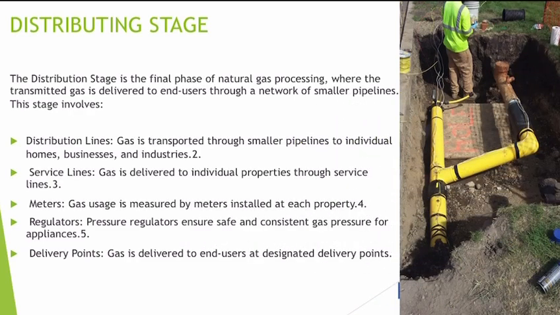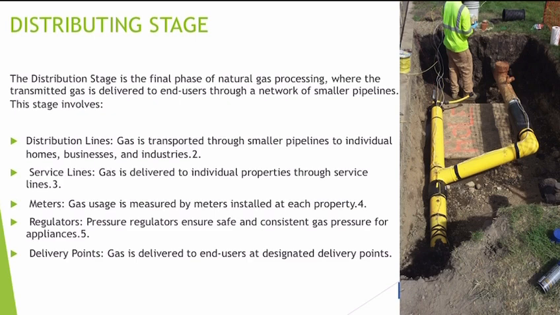The distribution stage is the final phase of natural gas processing, where the transmitted gas is delivered to end users through a network of smaller pipelines. This stage involves distribution lines.